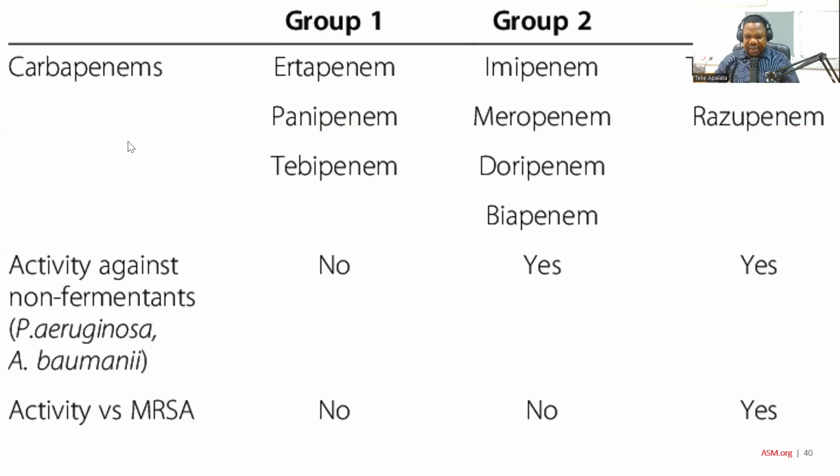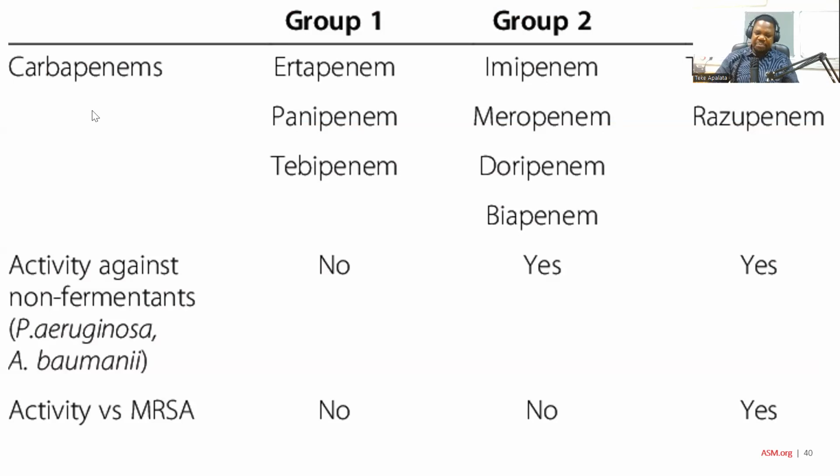If we look at their activities, we have 3 groups of carbapenems. Group 1 carbapenems is made of ertapenem, panipenem, and tebipenem. Group 2 is made of imipenem, meropenem, doripenem, and biapenem. And group 3 has tomopenem and razupenem.